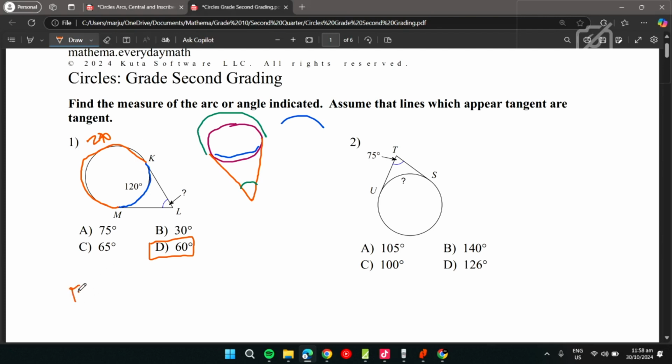The far arc minus the near arc over 2. Ganun siya. That make sense? That make sense ba? Again, far arc minus near arc over 2. Ganun siya.